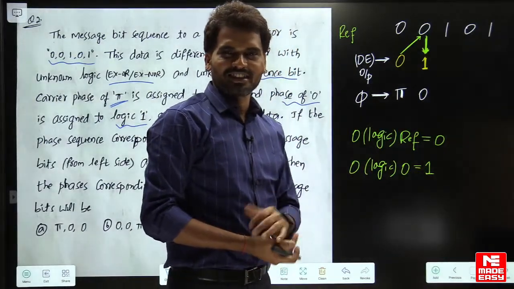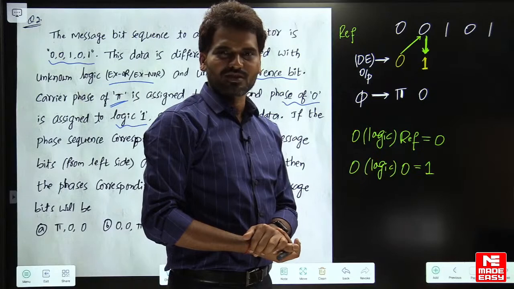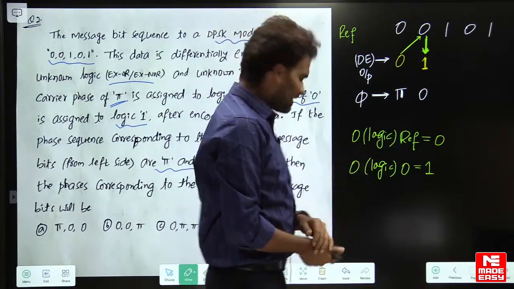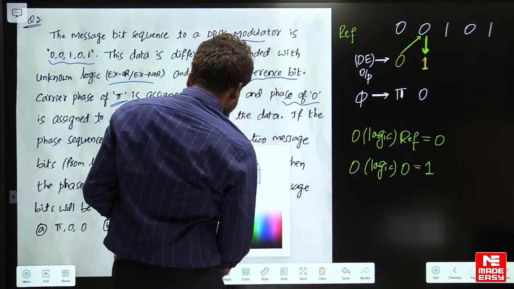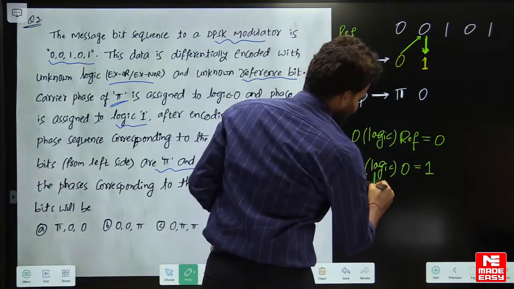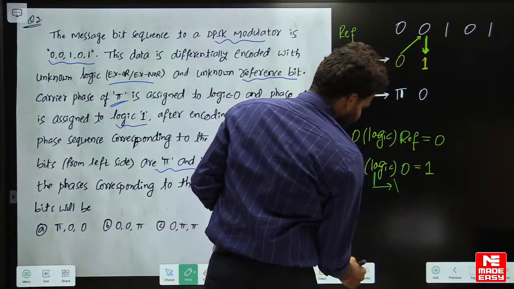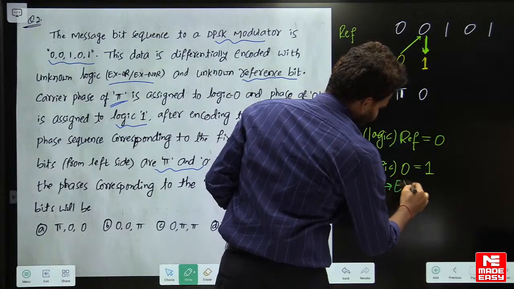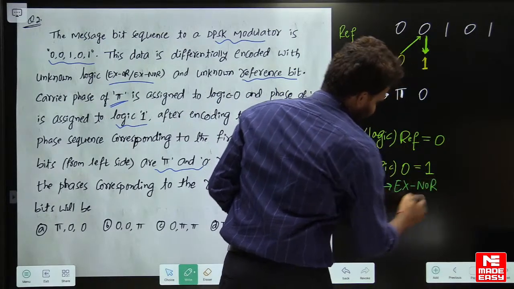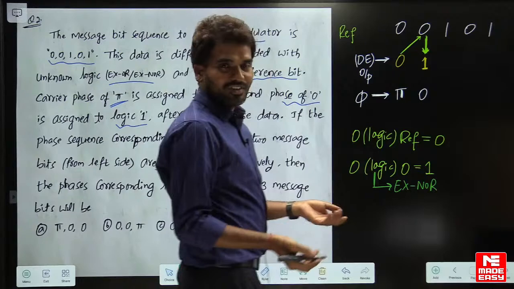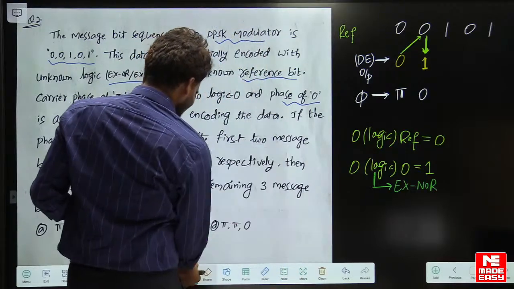Now tell me, is it XOR or XNOR? Which logic is used here? XNOR, of course. If you see the truth table of XNOR, with inputs 00, 01, 10, 11, the same inputs give 1 and different inputs give 0. That is the XNOR output.